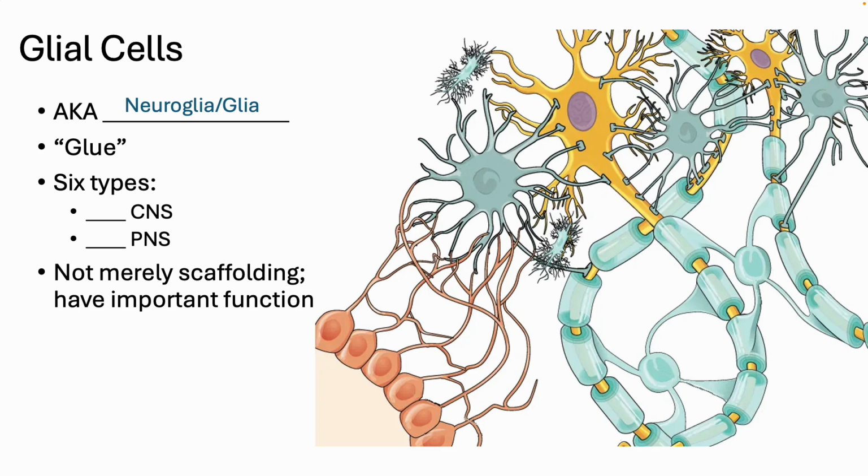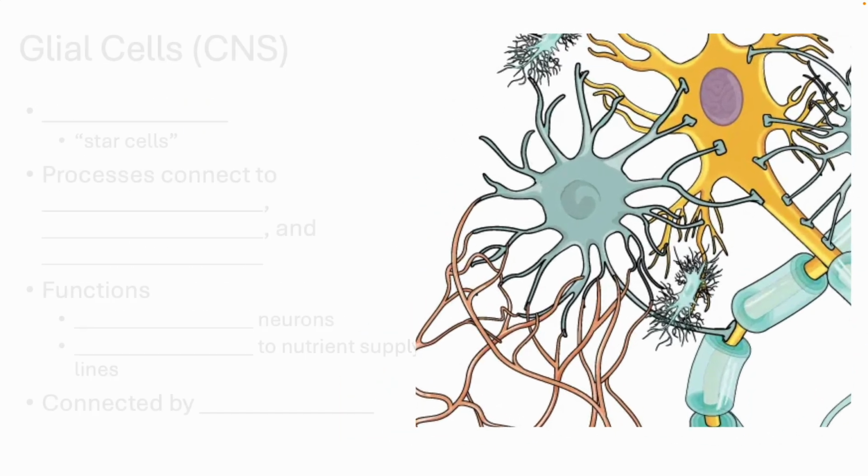There are 6 different types in the nervous system. We have 4 in the central nervous system. In the peripheral nervous system, there's only 2. Something to remember here is that they are not just scaffolding. They do have important functions in and of themselves, and we'll talk a little bit about that as we go through.